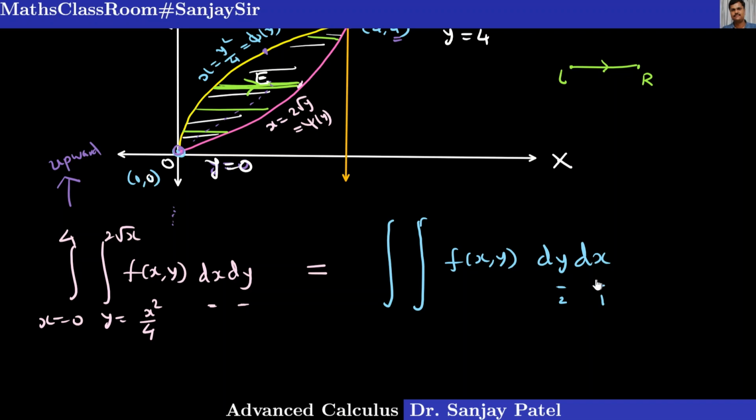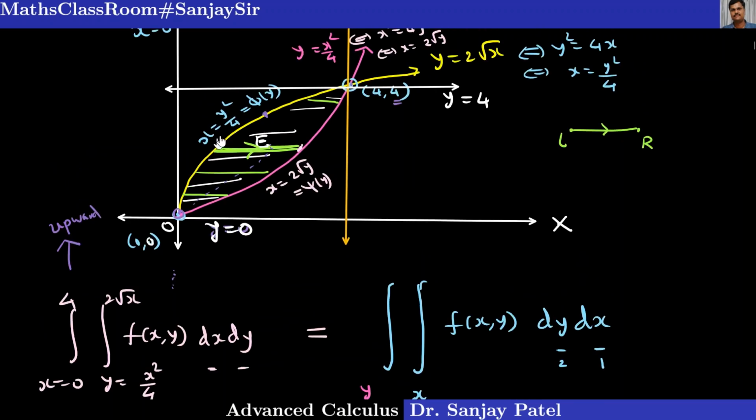So one must write the limits of x here, which is integrated first, as a function of y, and the limits of y here as constant limits. So the inner integral gives the limits of x, and those limits of x are nothing but these curves which are given in terms of y.